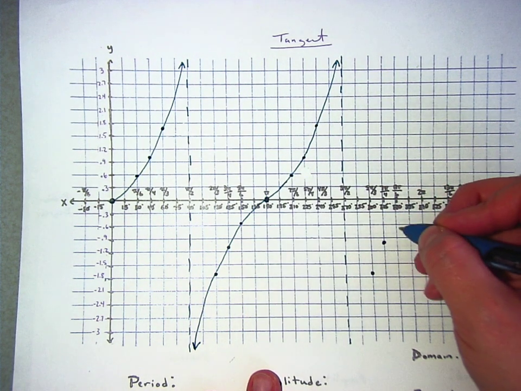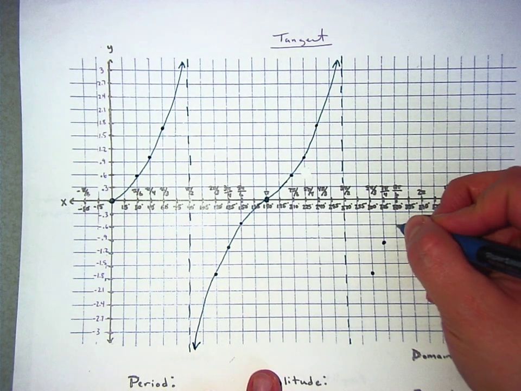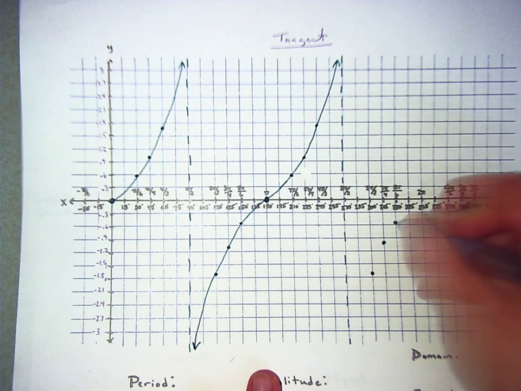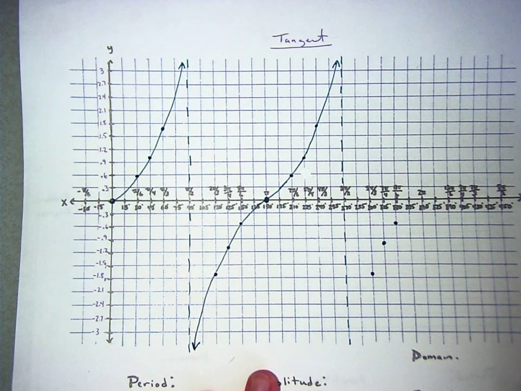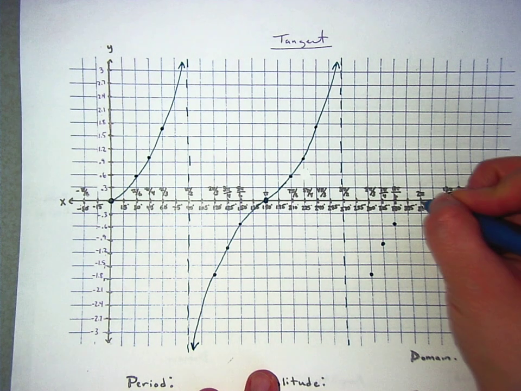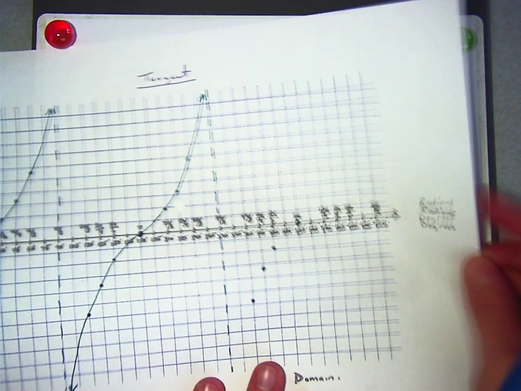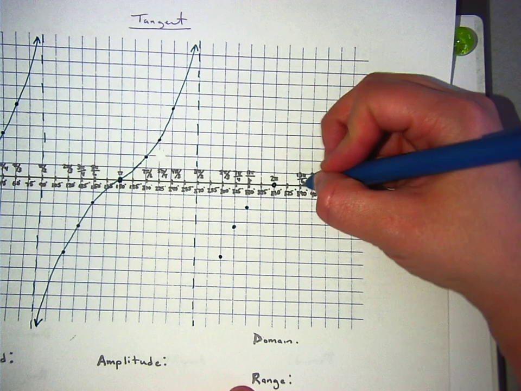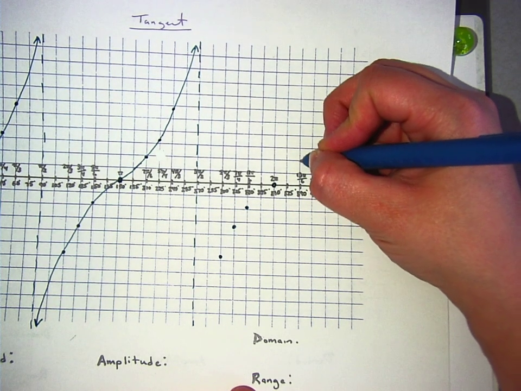And then, what was it, 0.57? And 2 pi is at 0. And then here, it's also at 0.57.